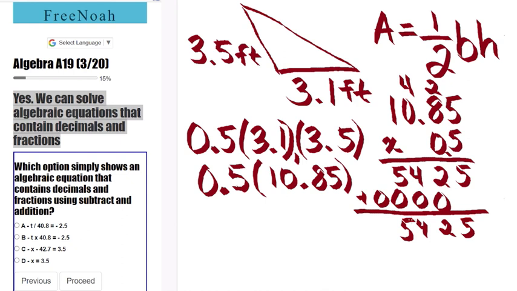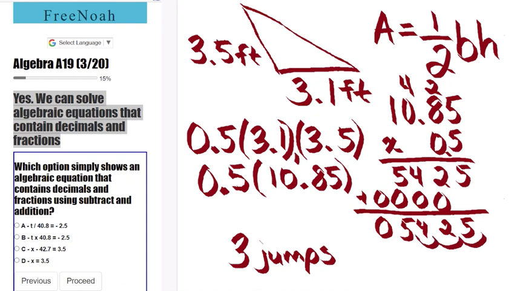So now we count the decimal place values on our factors. Okay. We have 3 jumps, 2 from our first factor, and then another one from our second factor.